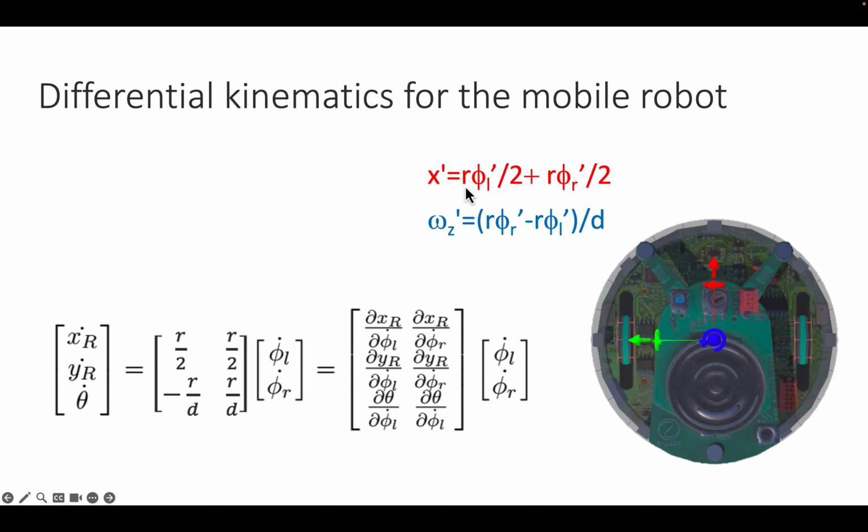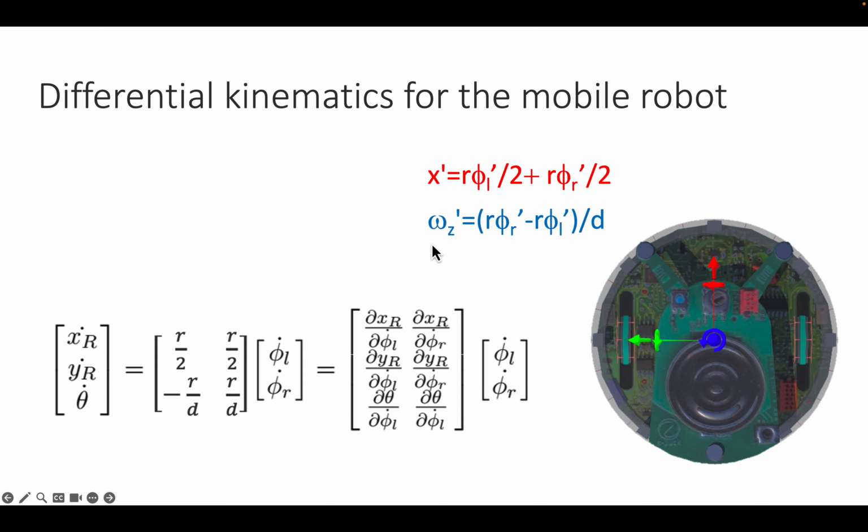The derivative of x with respect to phi l dot is r divided by 2. This term goes away, and we put an r divided by 2 here. The derivative of x with respect to phi r dot is r divided by 2 as well.